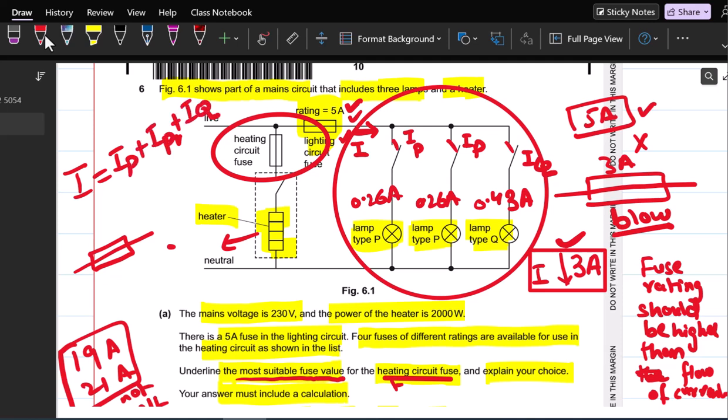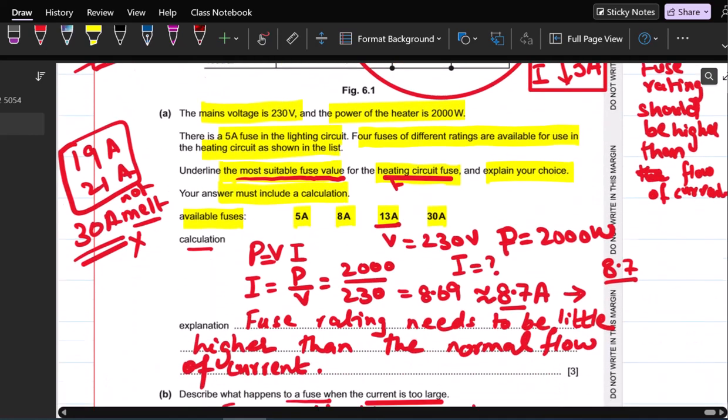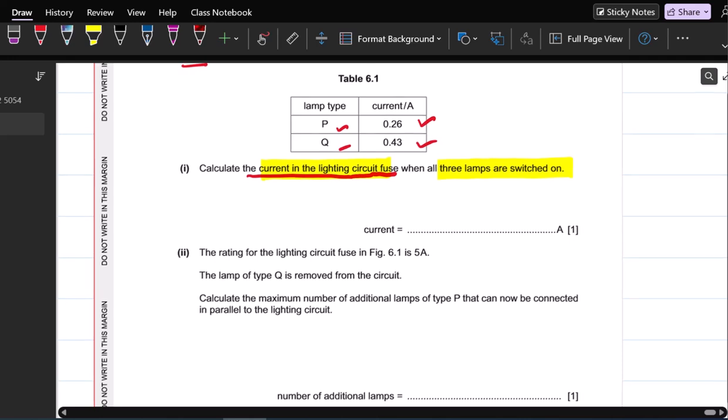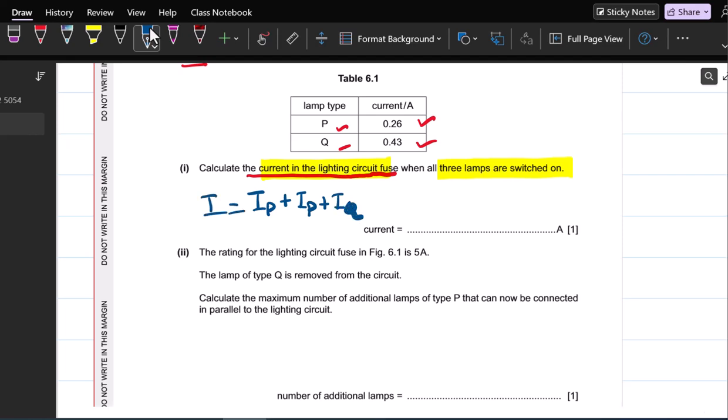So 0.26 plus 0.26 plus 0.43. You will be getting 0.95 ampere.